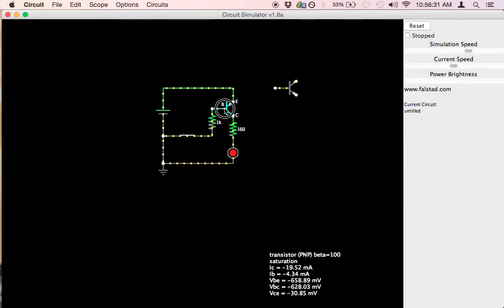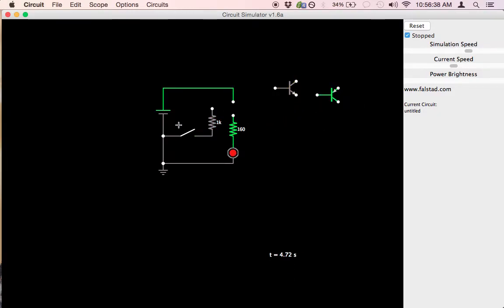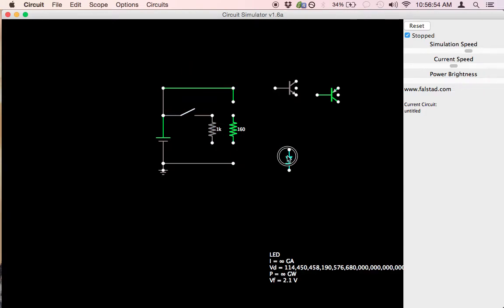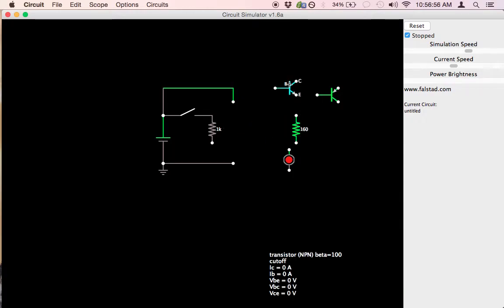Let's disconnect these transistors. And let's go back to our NPN configuration. Okay.